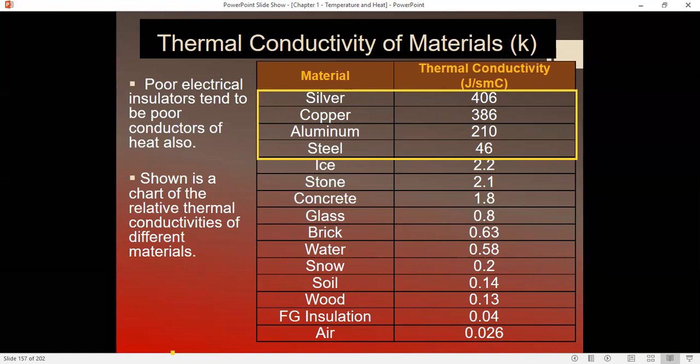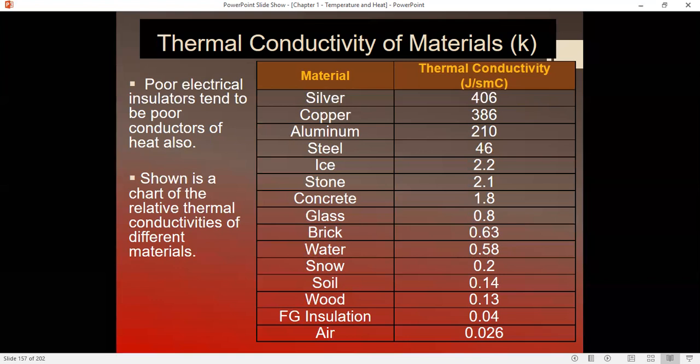And the best thermal conductor, by the way, is actually silver. Silver is a very good conductor. It's also a good electrical conductor, but silver is expensive. So generally we use copper or copper alloys for good thermal conductivity or good electrical conductivity.